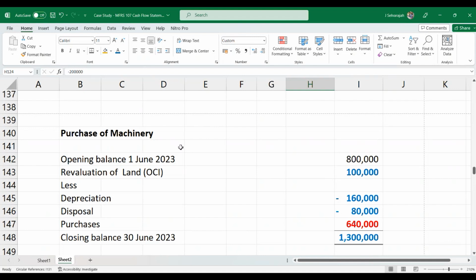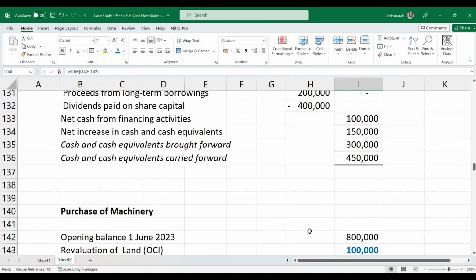All this is in PPE actually, not only machinery, less depreciation, less the disposal, and they gave you the closing balance of 1.3. So the difference between all of this amount and the 1.3 will be your deemed purchases. In real life, you can see the purchases. Here, the purchases were not given, so you are calculating.